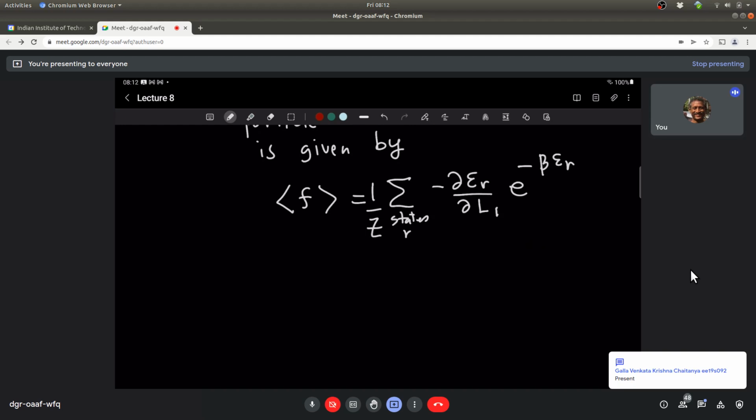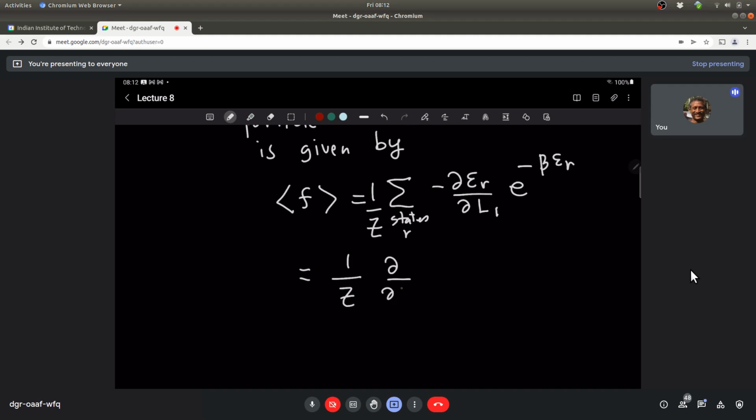Okay, so we can simplify this a little bit more. We can rewrite this as 1 by Z d by dL1 of the sum.